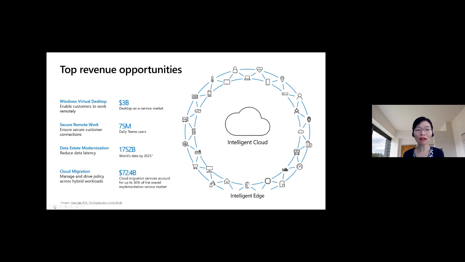More specifically, over the next couple of years, we see three top revenue opportunities. The first one is remote work, the second one is security, and the last one is cloud migration.